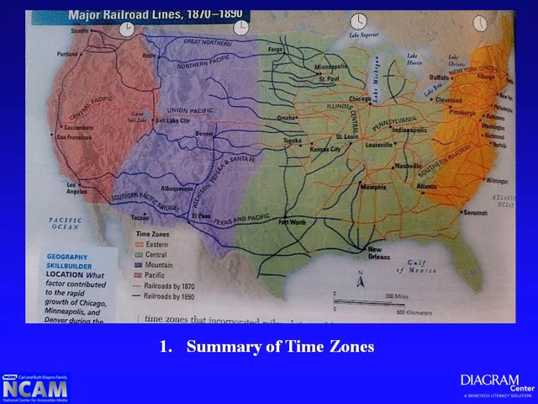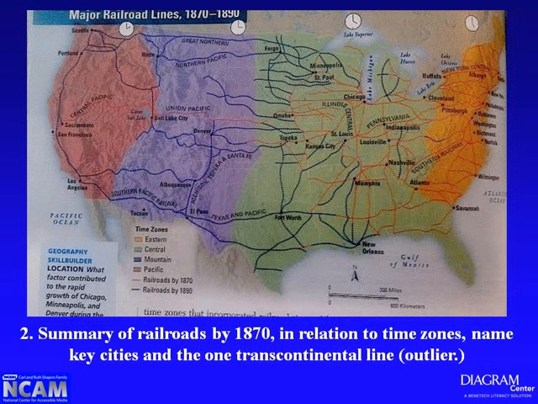The mountains are the states west to the Rockies, and then the Pacific is the states bordering the Pacific Ocean, and then back east to Salt Lake City. So now you've divided the country and provided four anchors for describing what you're going to do next, which is provide a summary of the railroads by 1870, and do it in relation to the time zones.